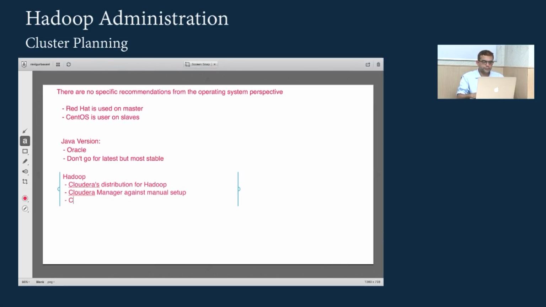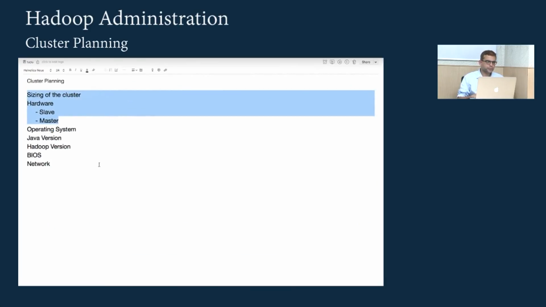And choose a version that's marked as production ready by Cloudera. So this is what you should have when you're talking of operating system, Java version and Hadoop. These are a couple of recommendations on that side.